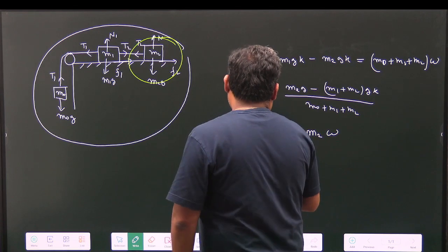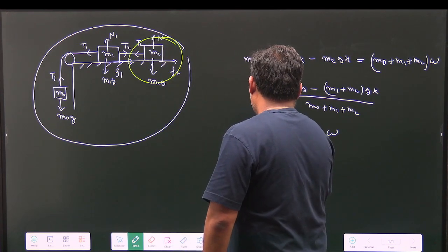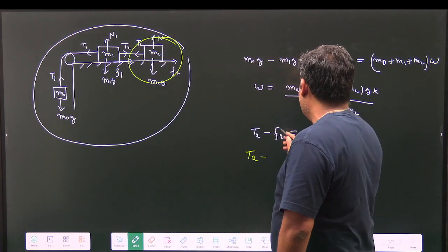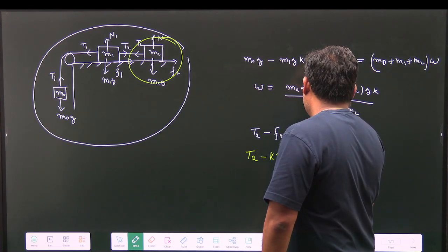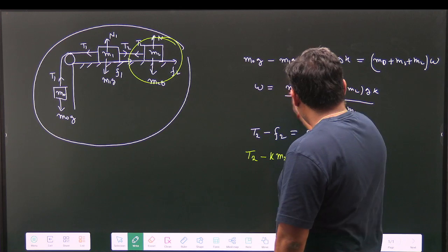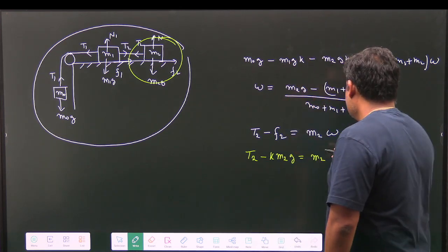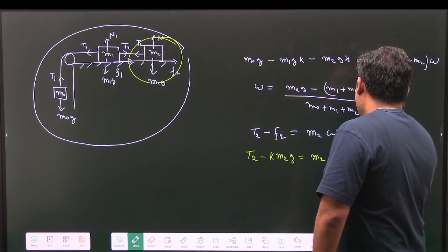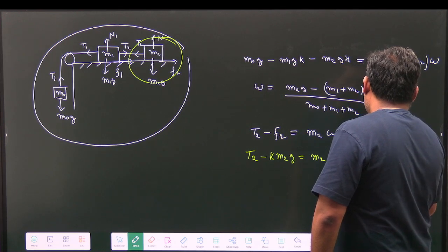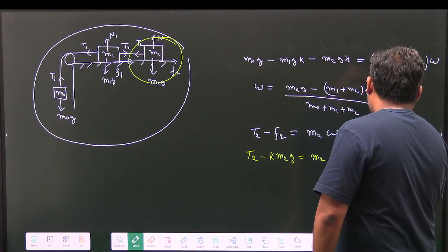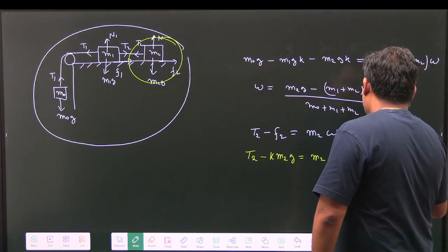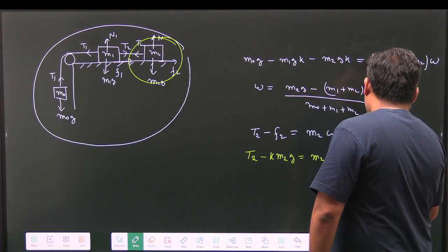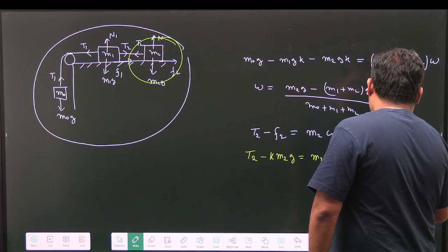So T2 minus F2, which is k m2 g, is equal to m2 into w, and we have already calculated this w, which is m0 g minus m1 plus m2 g into k, by m0 plus m1 plus m2.